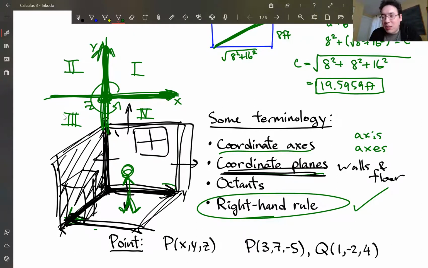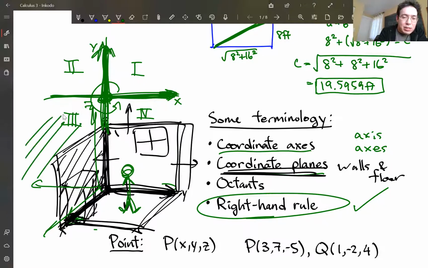If you wanted to specify which octant you want to be in, it's much better to specify it by saying which coordinates are positive. So I might be talking about an octant where the x coordinate is positive, the y coordinate is negative, and the z coordinate is positive.